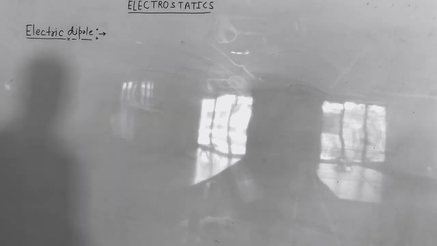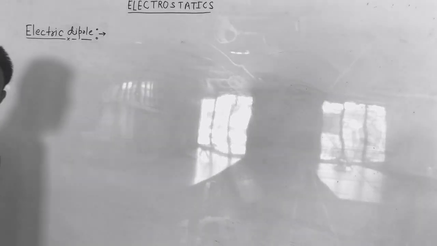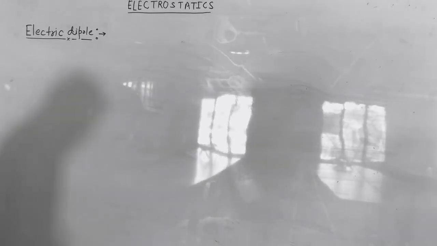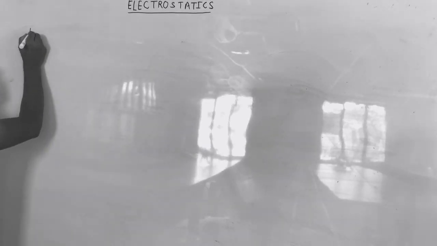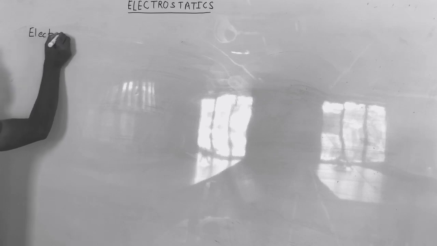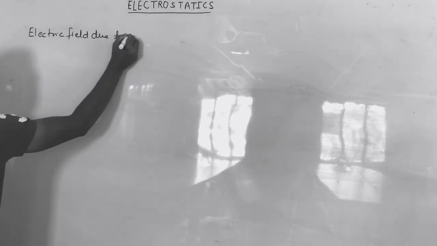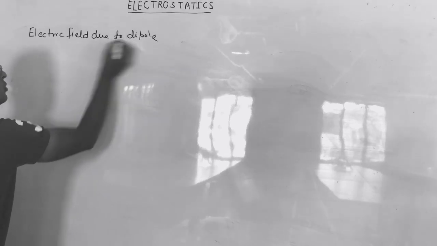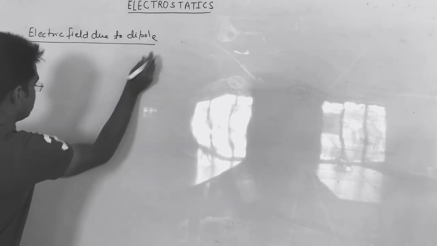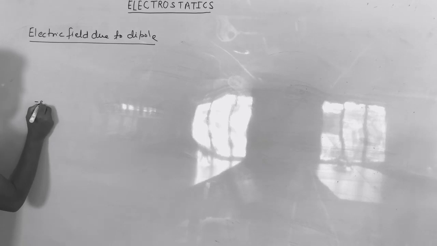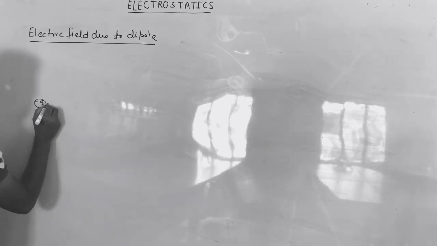So I'll do the derivation of the electric field due to a dipole. There is a dipole over here. This is minus Q charge and this one is plus Q charge.